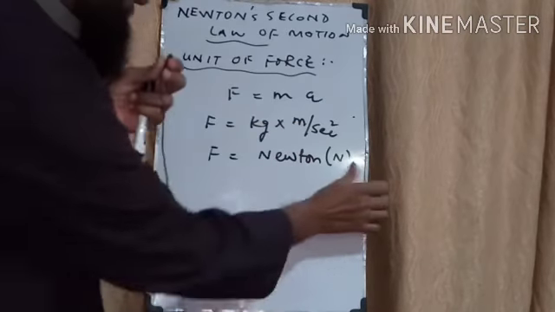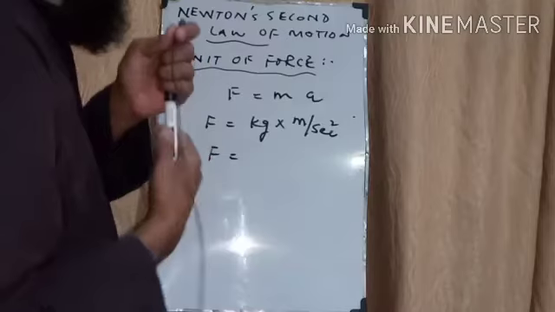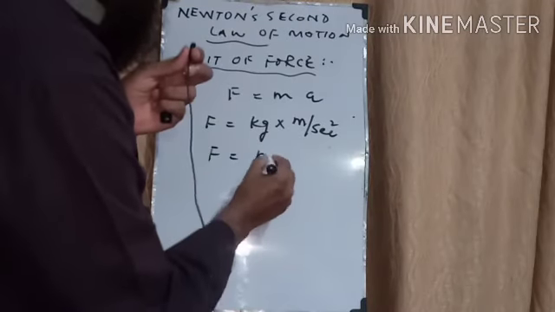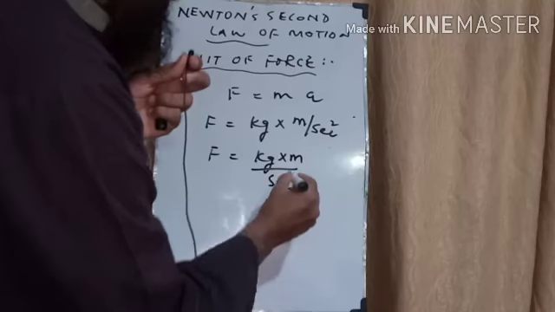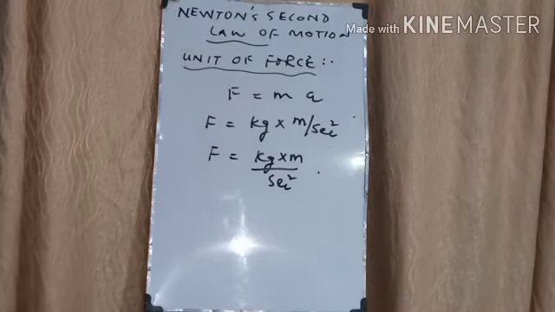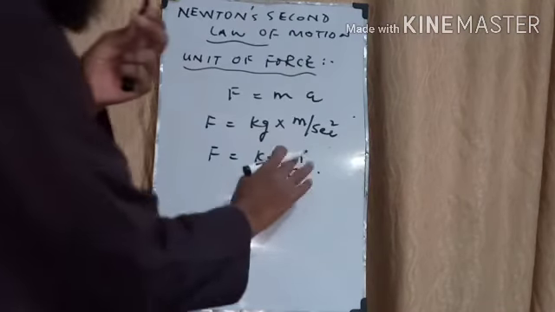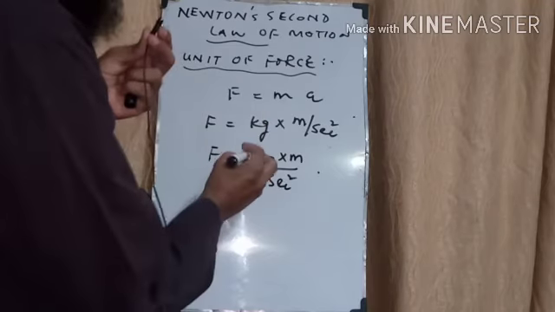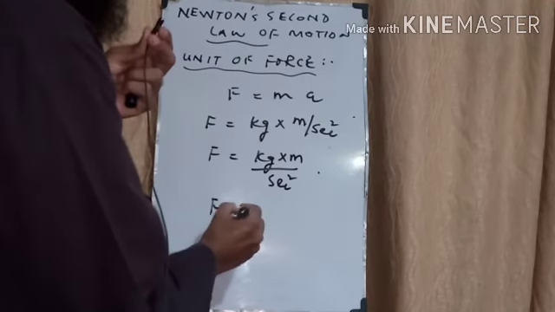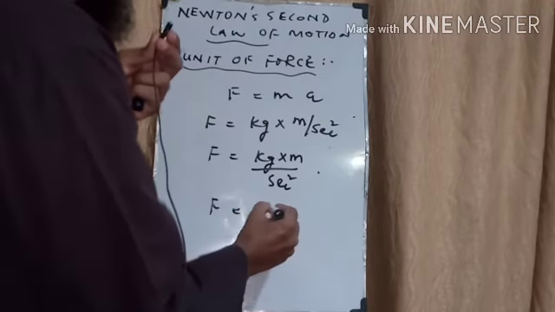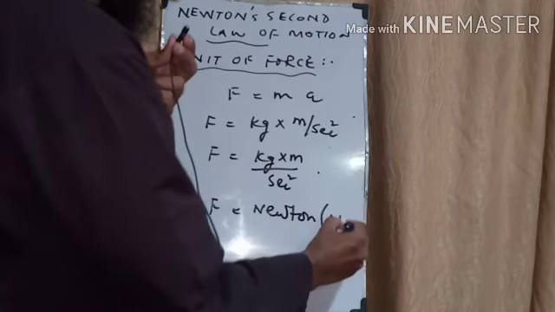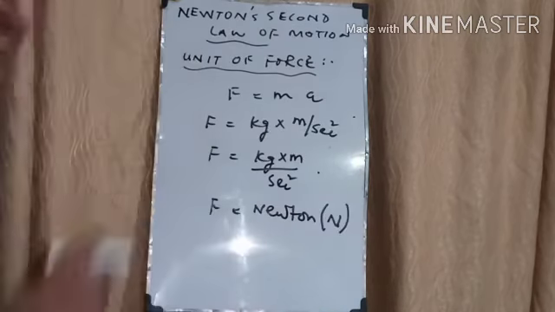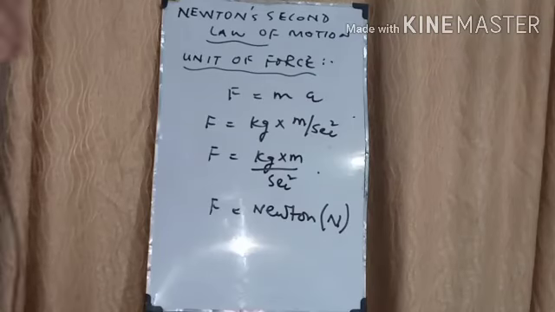Therefore, it comes as kilogram meter per second square, and this is named Newton. It is abbreviated by capital N, and this is the unit of force in the SI system.